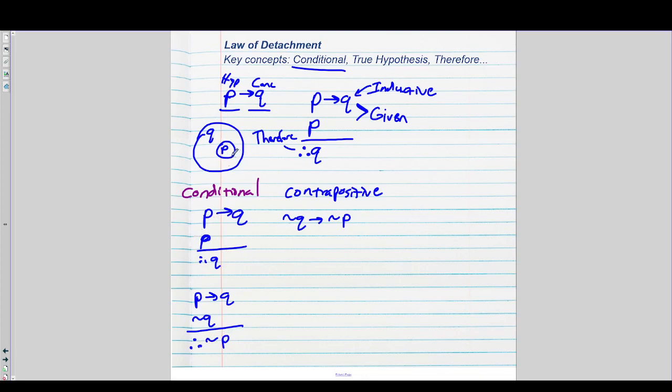So the first one says if our dot is inside of the small circle, it also has to be inside the big circle. Whereas this version down here says if our dot is outside the big circle, so it's not in Q, then we know for sure it's also not in P.